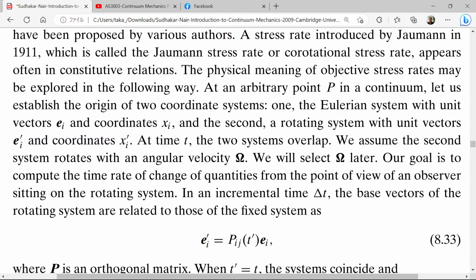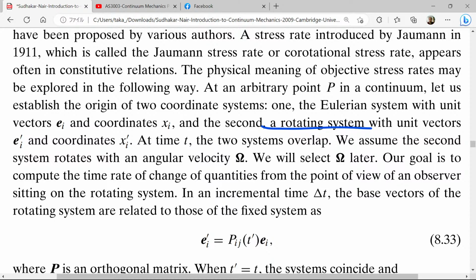The physical meaning of objective stress rate may be explored in the following way. At an arbitrary point P in the continuum, let us establish the origin of two coordinate systems, one an Eulerian system with unit vectors e_i and coordinates x_i, and the second a rotating system with unit vectors e_i' and coordinates x_i' at time t.